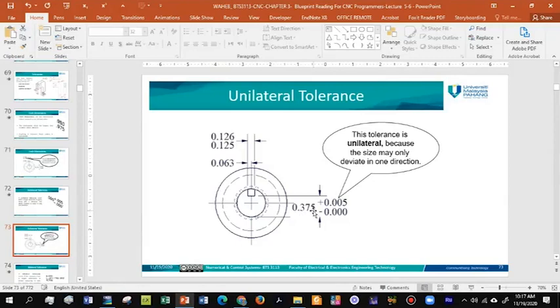But the maximum value allows for an error of plus 0.005. That means this value can become 0.380. So it has a 0.005 value as the maximum or upper variation according to the unilateral standard.